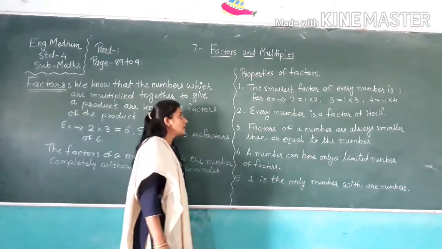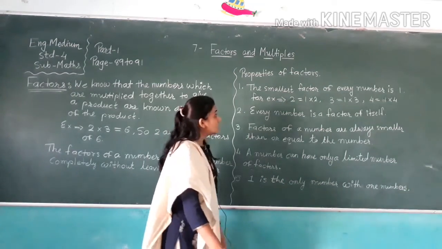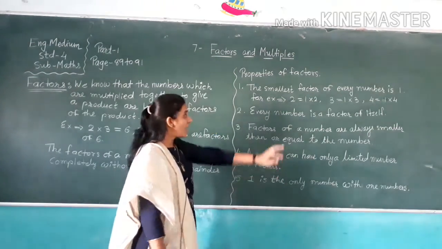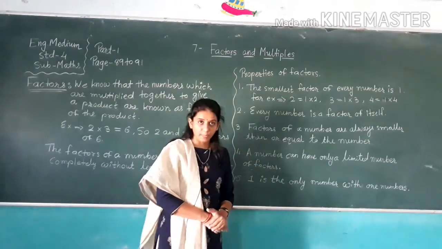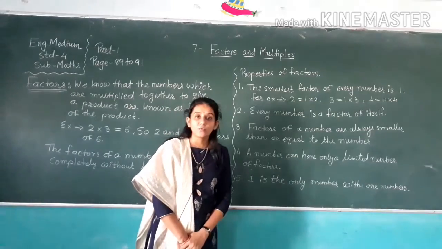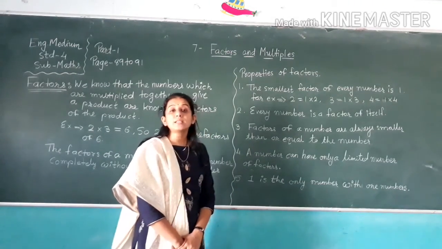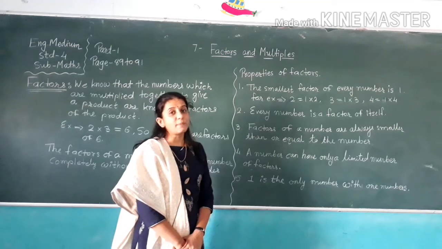Now, properties of factors. The smallest factor of every number is 1. You know 2 is equal to 1 multiplied by 2.